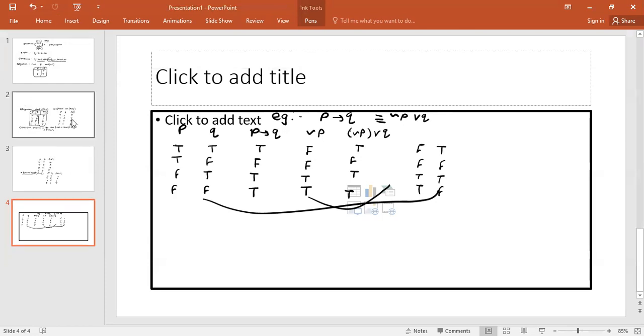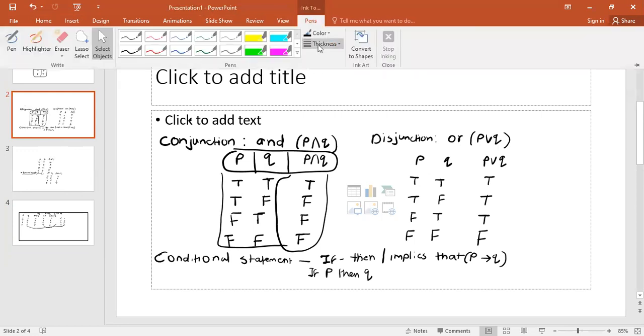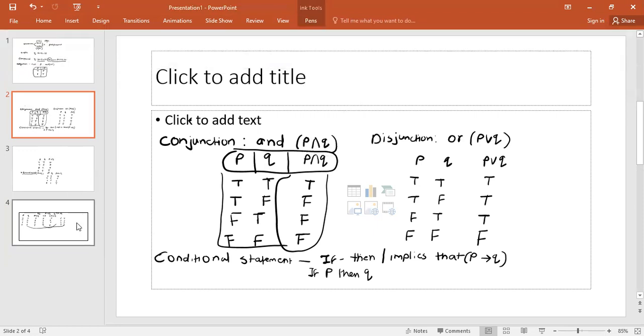So in disjunction, here you can see the table for disjunction. For T to T is T, T to F is T, F to T is T, and F to F is F. So when there is one T, we have T, else it is F.